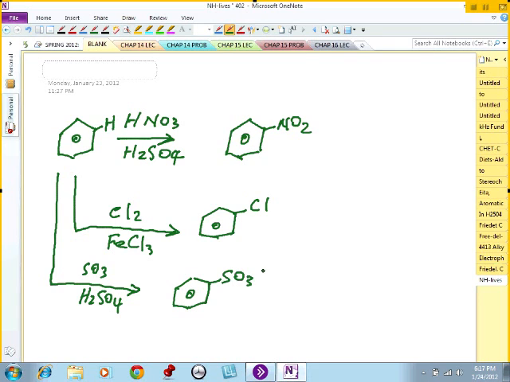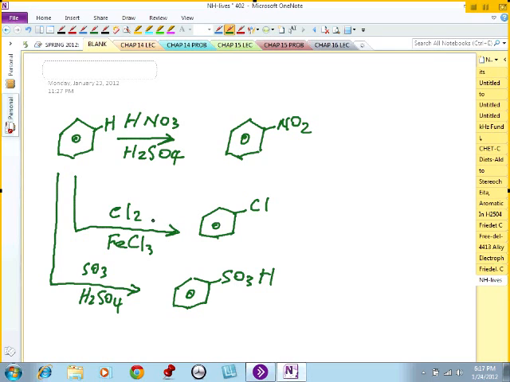So here we get benzene sulfonic acid, in which the sulfonic acid group, this group here, is substituted for the hydrogen atom.